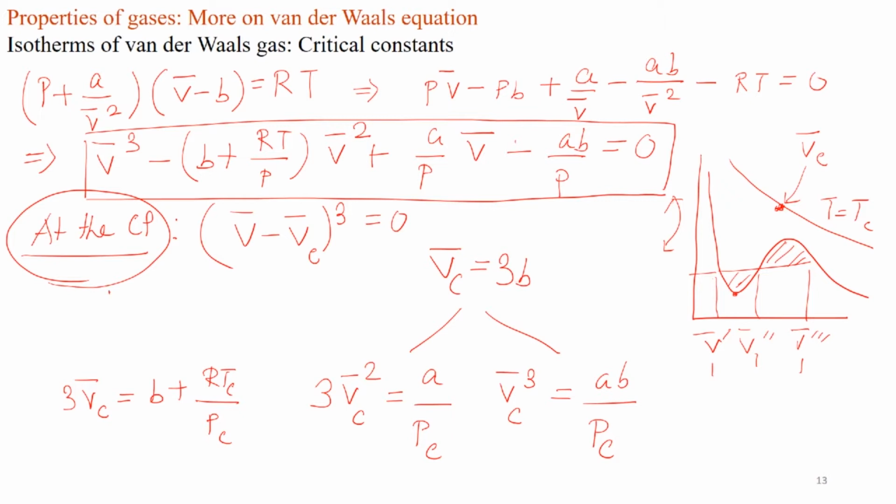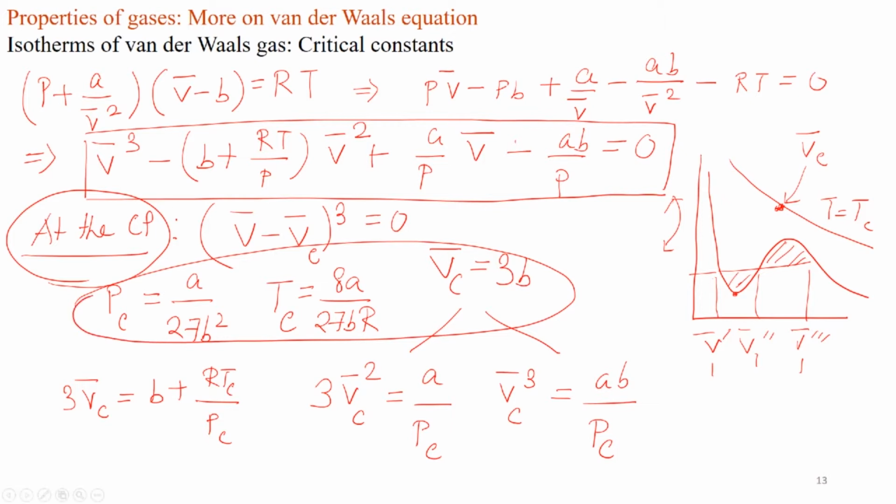Similarly, you can get the values of Pc as a by 27b square, and also the value of Tc as 8a by 27bR. So these are the values of the critical constants, which are Pc, Tc and Vc in terms of the van der Waals gas constants a and b.